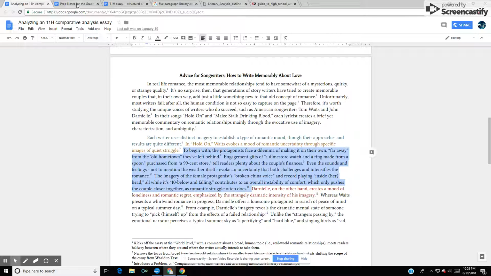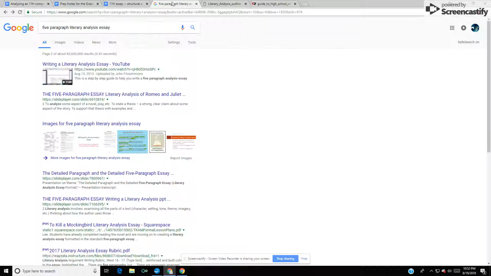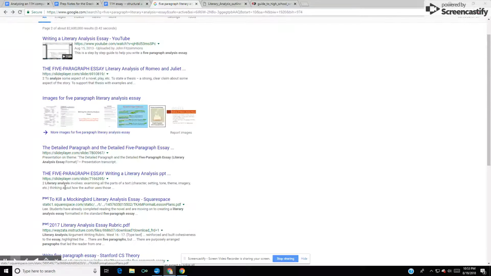Now, this was one method that is kind of common when you hit this 11th grade honors level. A more typical method in 8th grade, 9th grade even, is very standard, traditional, like a 5-paragraph essay. And if you just simply Google 5-paragraph essay, 5-paragraph literary essay, something like that, you'll get generally a bunch of resources that are similar.